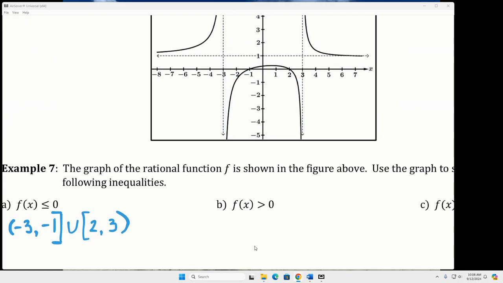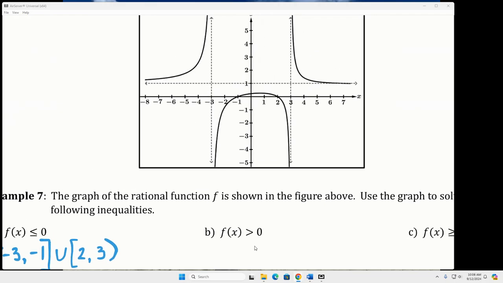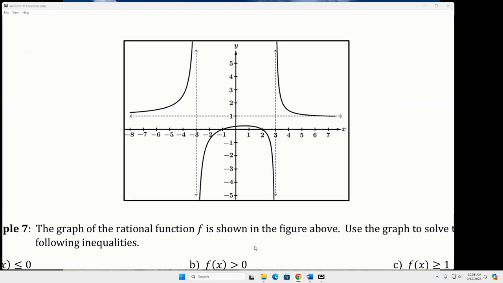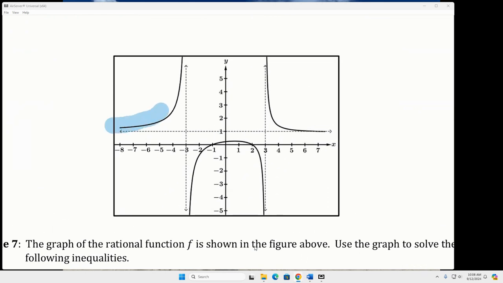On B is basically just the opposite of what we did. We want greater than 0. So we have this whole section here. We have this tiny part here. And this whole section there.